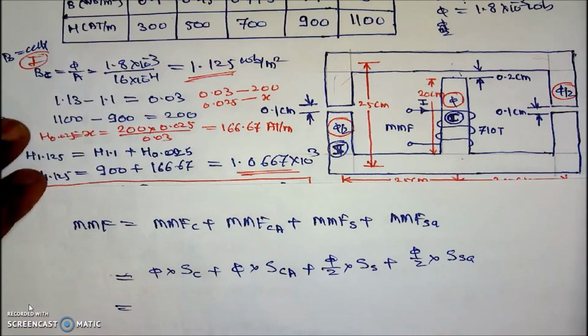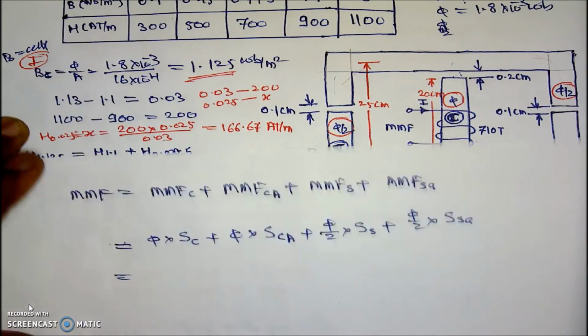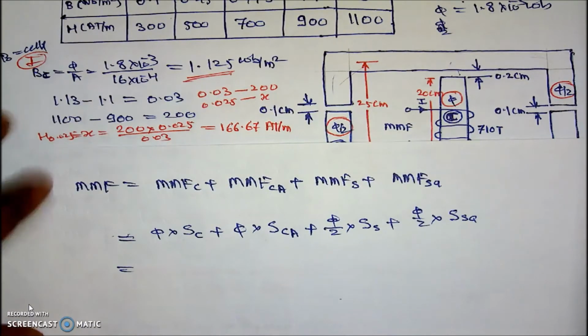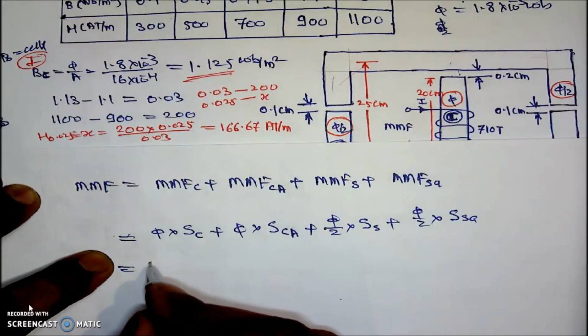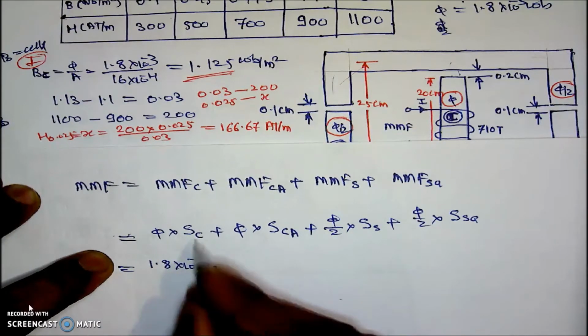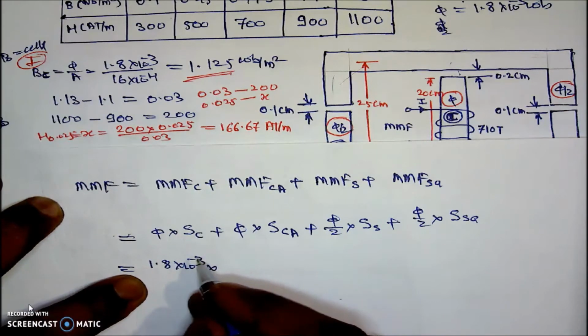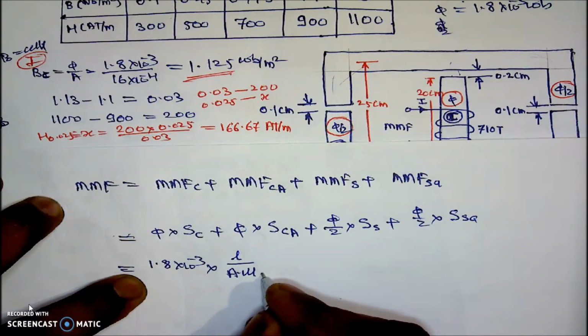If I am going further in this particular case, phi is 1.8 into 10 raised to the power of minus 3, into S in the side limb. That is the reluctance of the side limb, which is nothing but L divided by A into mu of the side limb. Mu of the central limb, I am talking about the central first.